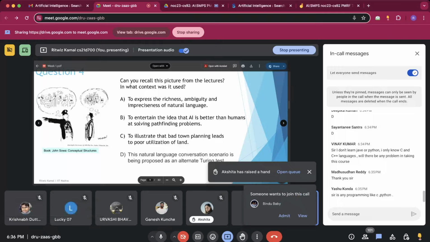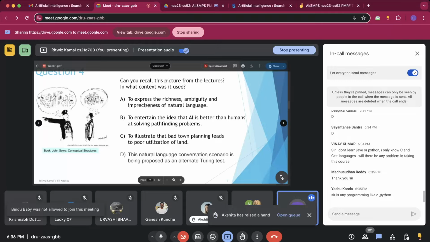As of now, this is mostly a theoretical course, and you don't have to worry about any programming assignments. Although you are more than welcome and even encouraged to try to implement some of the algorithms or heuristics that you will be learning in the coming weeks of the course. That'll give you a better understanding of the concepts. All right, I've spent a lot of time there. Let me get back to the question.